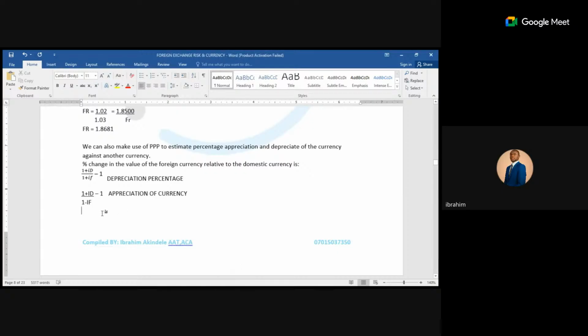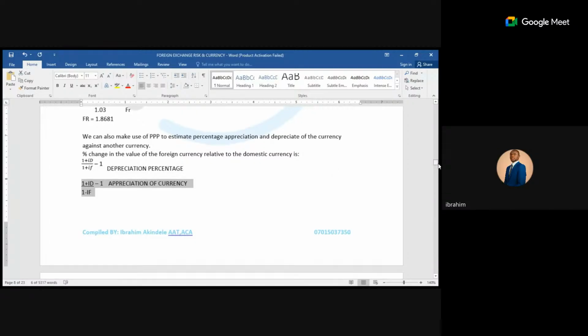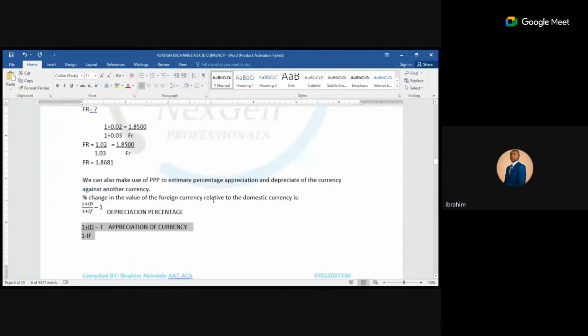But this is not correct for appreciation. I will check the formula for calculating appreciation of the currency. This is for depreciation of currency only. So I will check.